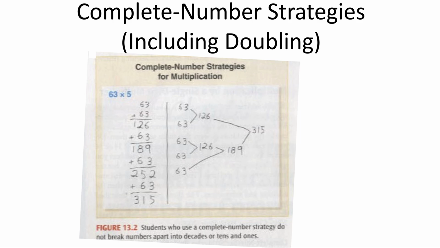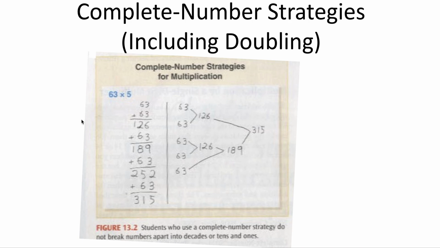So this one, I put that as complete number strategies, including doubling. What I noticed is, to multiply 63 times 5, I think this student knew it's repeated addition, and he wanted to use the repeated addition strategies.